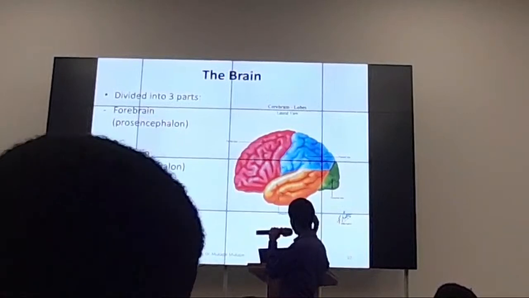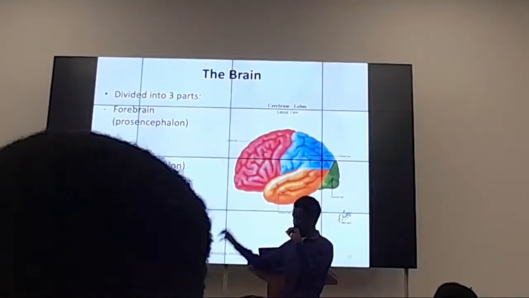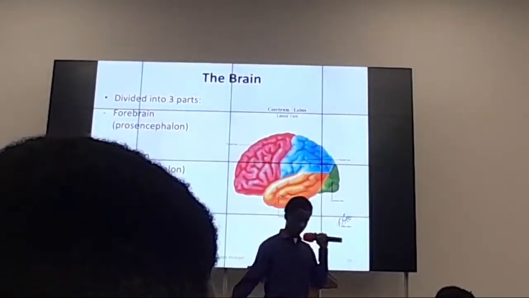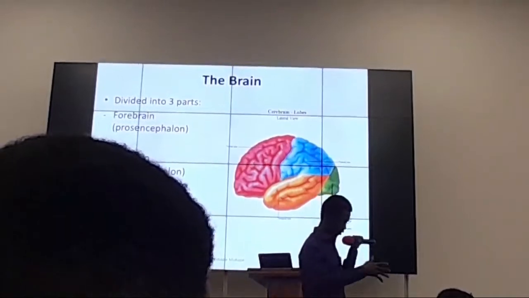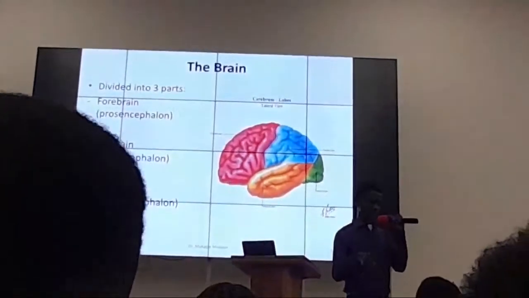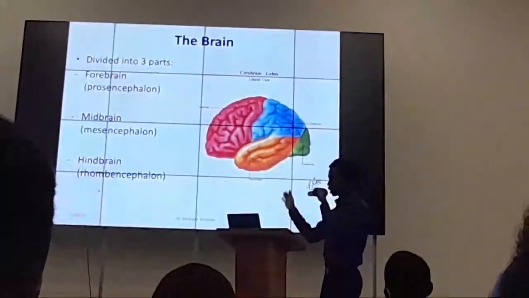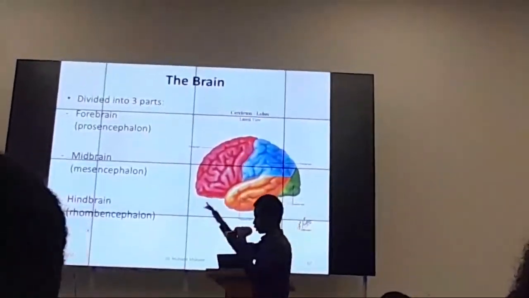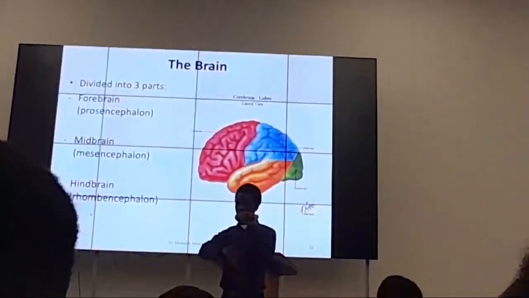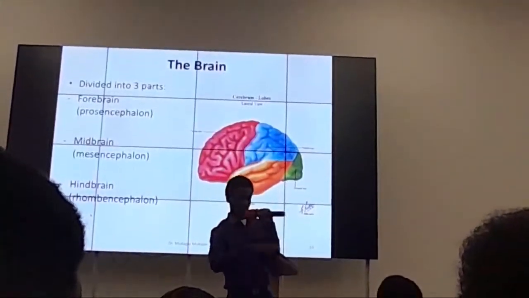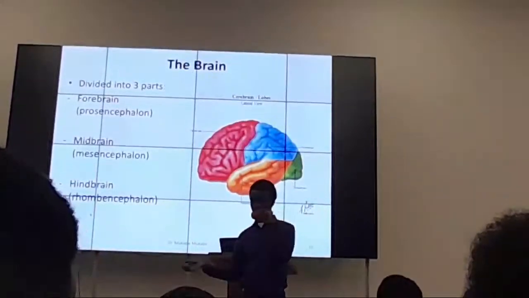Each cerebral hemisphere is not smooth, as we can see from this picture. It has grooves and elevations, and then it is divided into lobes.